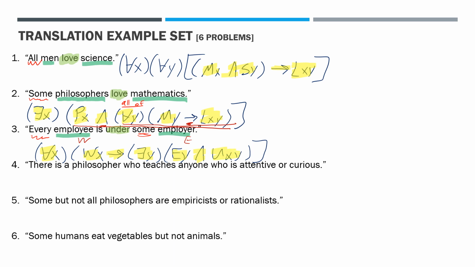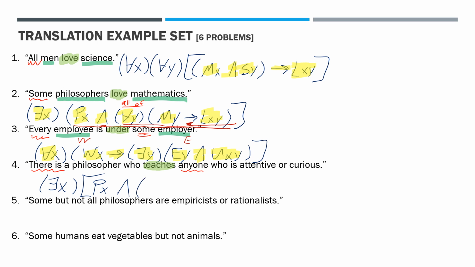Number 4, there's a philosopher who teaches anyone who's attentive or curious. Teaches is a relational predicate. When we say there is, this means we have an existential quantifier. And when we say anyone, here we have a universal quantifier. Hence we'll say there exists some x such that x is a philosopher, and this philosopher will teach anyone who is attentive or curious.